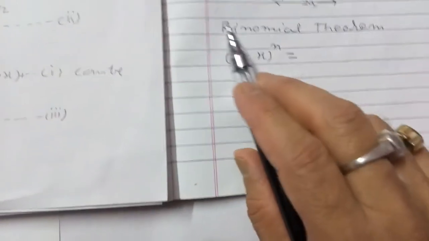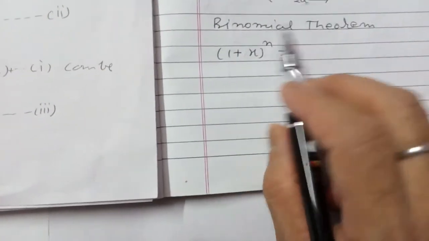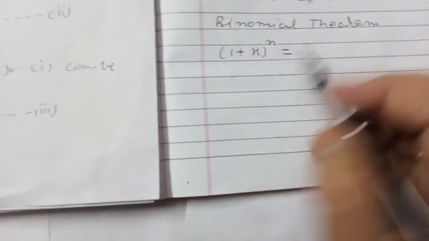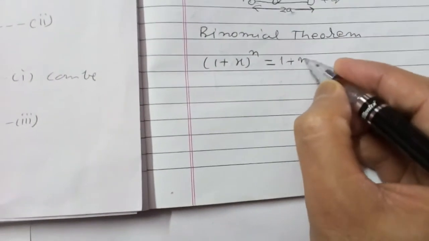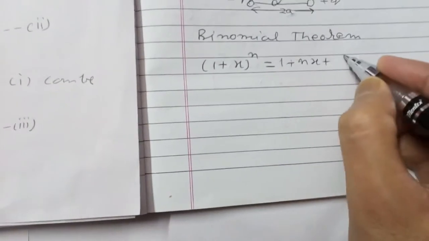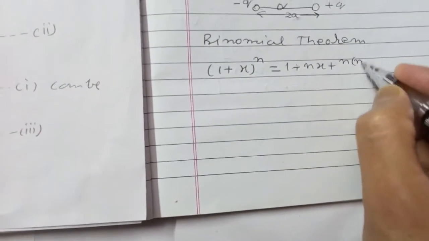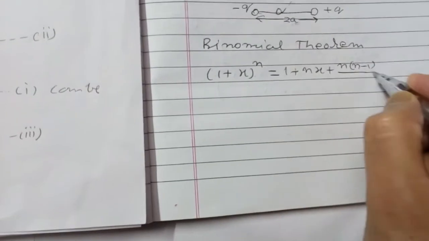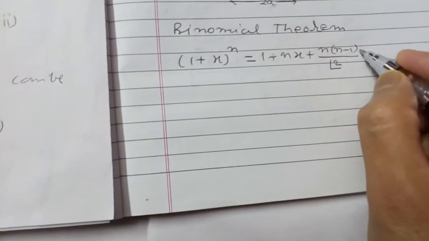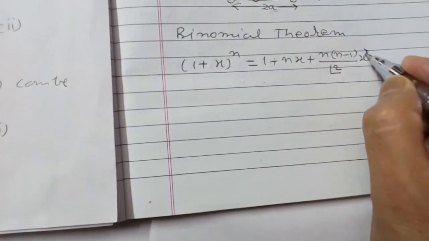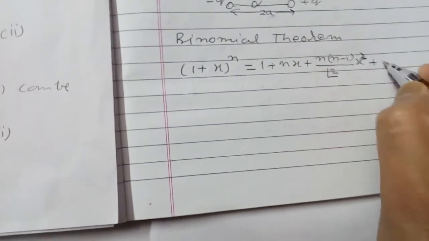Now to solve it, have a look at the binomial theorem. Binomial theorem says 1 plus x to the power n is equal to 1 plus nx plus n into n minus 1 upon factorial 2 into x square plus, and so on.